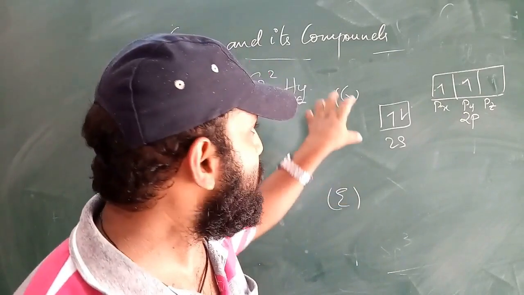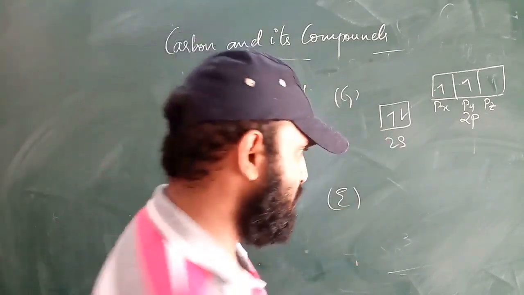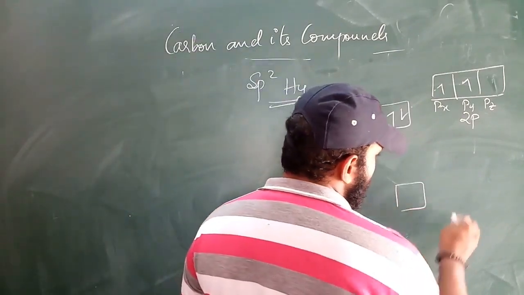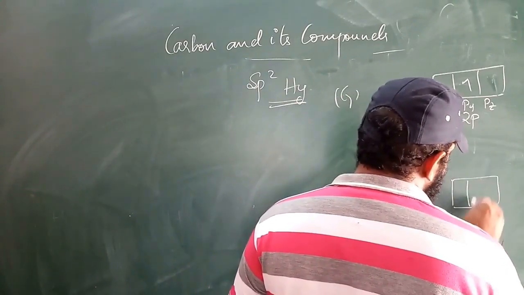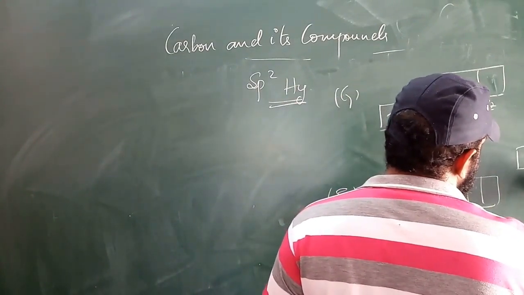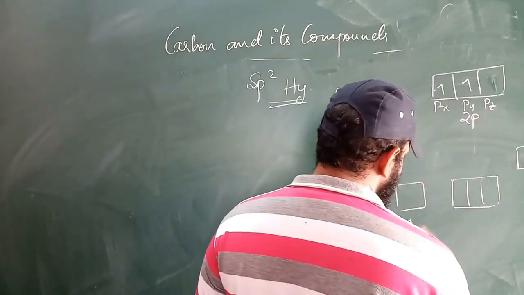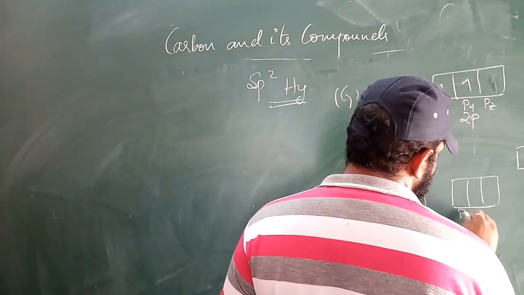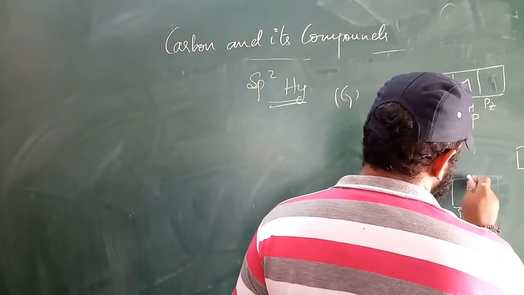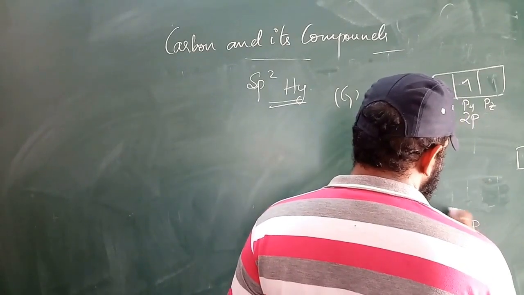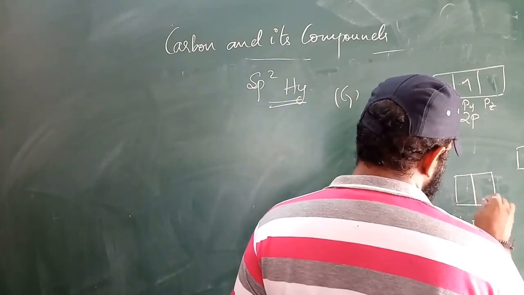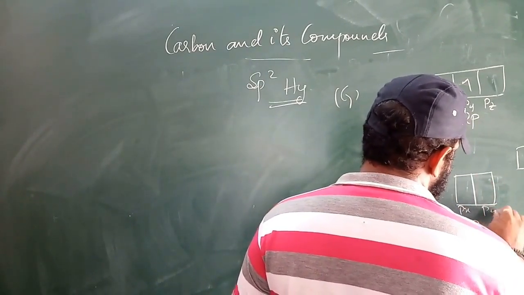Excited state. sp2 hybridization means one s orbital and 2 p orbitals. This is our pz, this is s, and these are px and py.